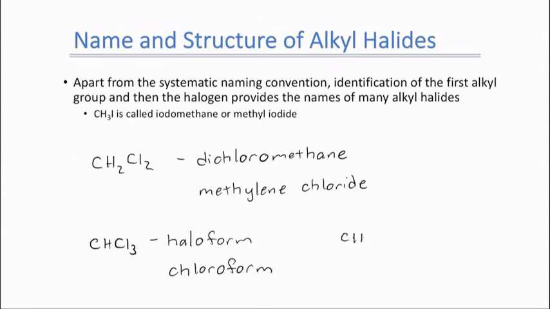If I had 3 bromines, then it becomes, you guessed it, bromoform. So if you have 3 halogens, so if it has the formula CHX3, then it becomes chloroform, bromoform, iodoform, fluoroform, one of those.